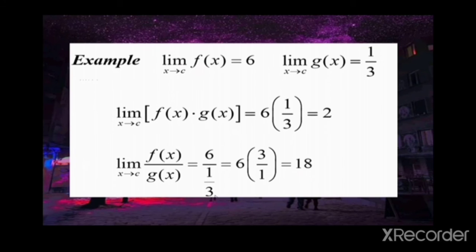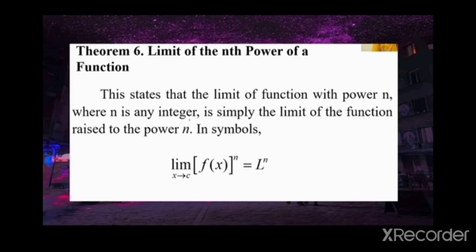So, now let's move on to another limit, and that is the limit of the nth power of a function. This states that the limit of a function with power n, where n is any integer, is simply the limit of the function raised to the power n.